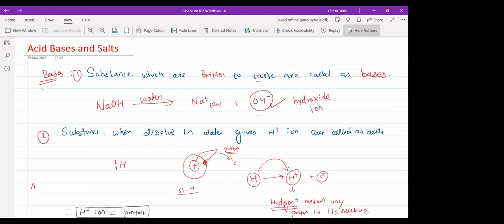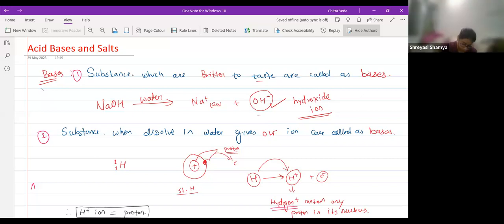Hydroxide ion. Okay. Next, a substance when dissolved in water gives OH negative ion, beta, not H positive. So they are bases.